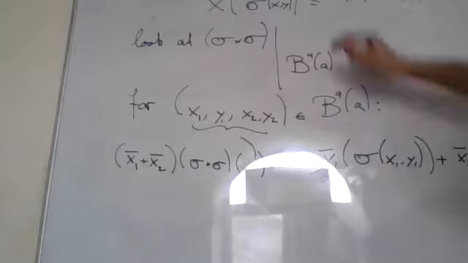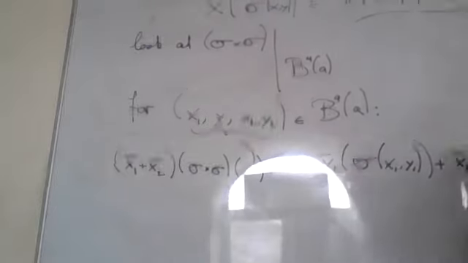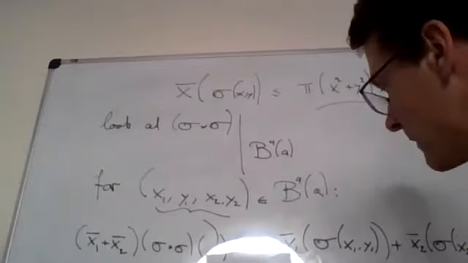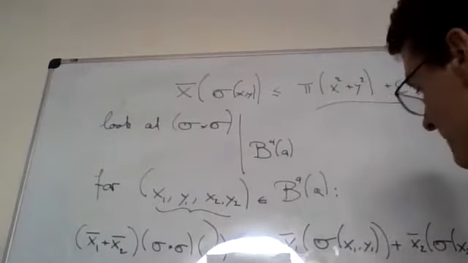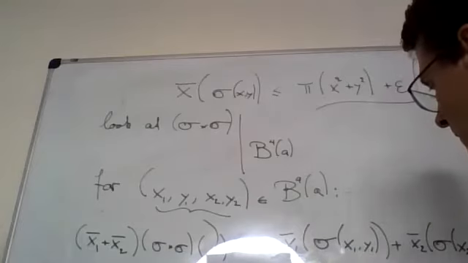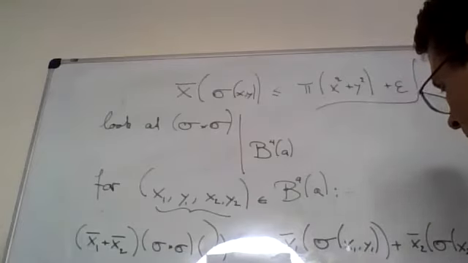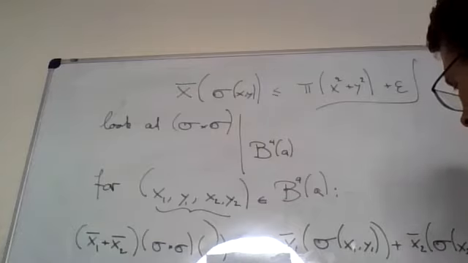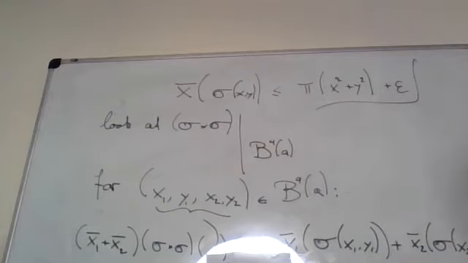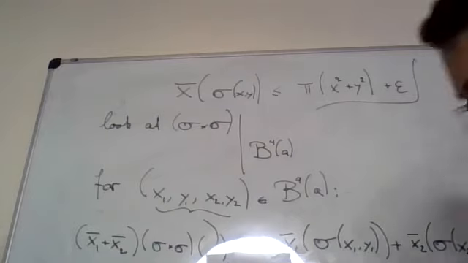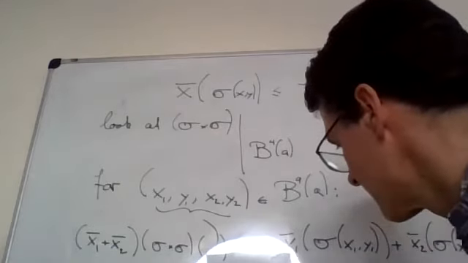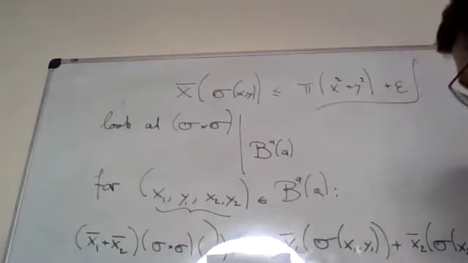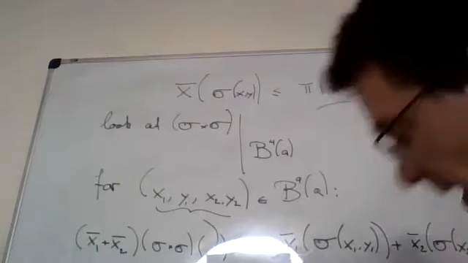And now, by the thing before, we can estimate that. So it's less than pi times the first x, plus maybe 2 epsilon. Yeah, but this is in the ball, right? So this is less or equal than a. This is exactly a pi r squared.